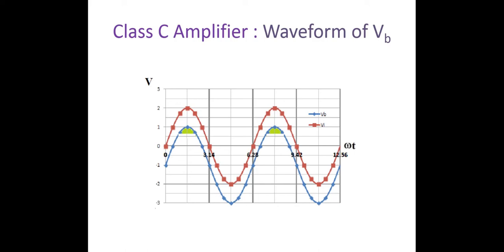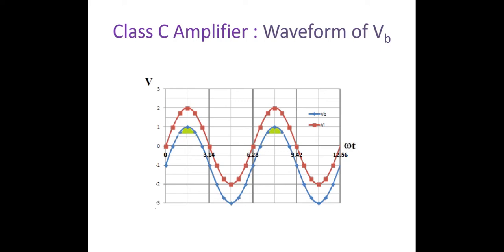So now how will this transistor operate? We know that the transistor will be on only when VB is greater than 0.7 volts. Now looking at the graph for VB, we can observe that this will occur only for a small portion of the cycle.